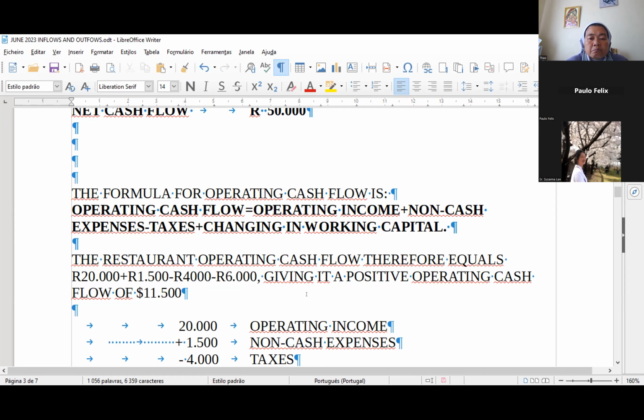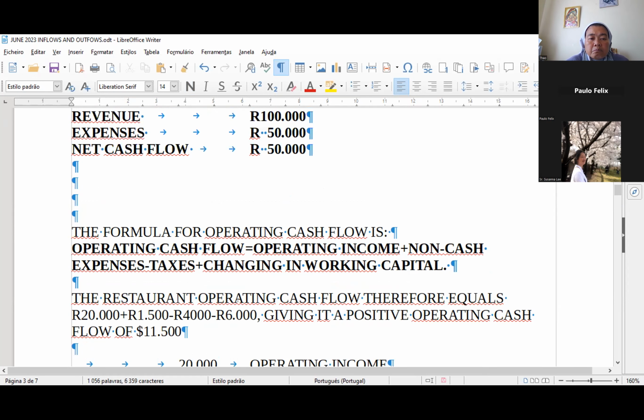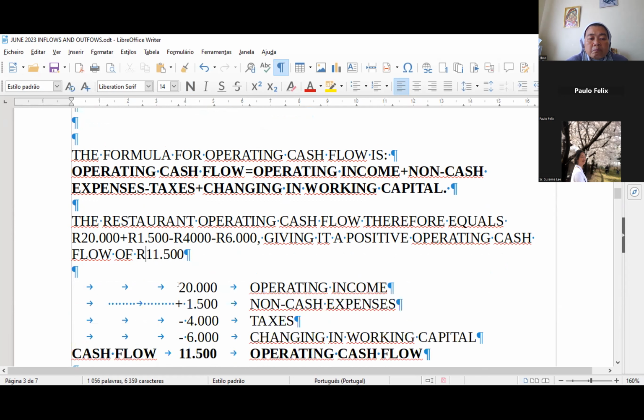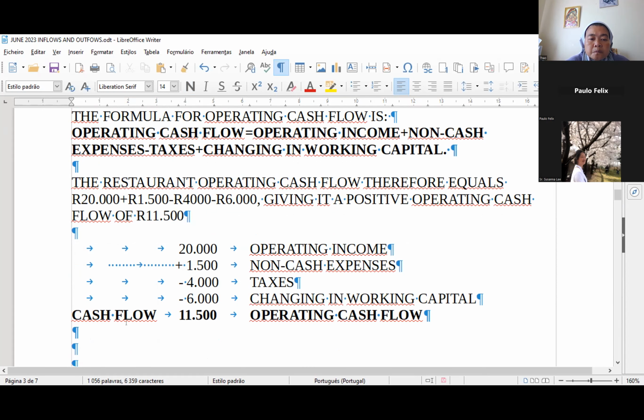This gives a positive operating cash flow of 11,500 rands. So it is like this: 20,000 operating income, plus 1,500 of non-cash expenses, less 4,000 on taxes, and less 6,000 on changes in working capital. You come to a cash flow of 11,500 rands as operating cash flow.